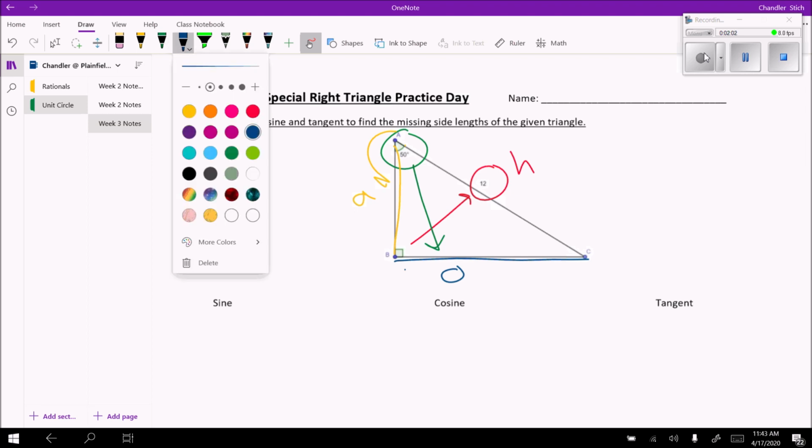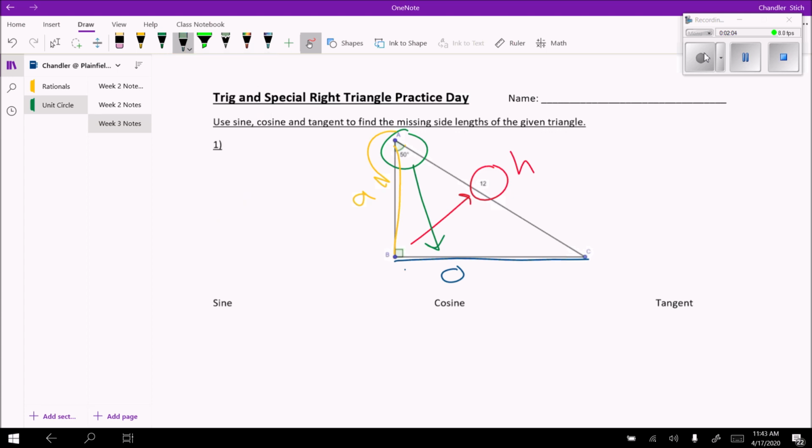Sine is SOH: S equals O over H, opposite over hypotenuse. So sine of 50. Everything we do is with respect to our reference angle.